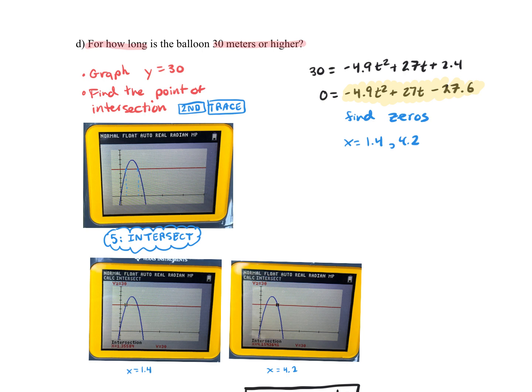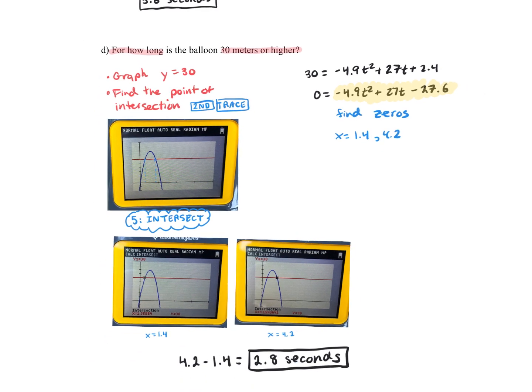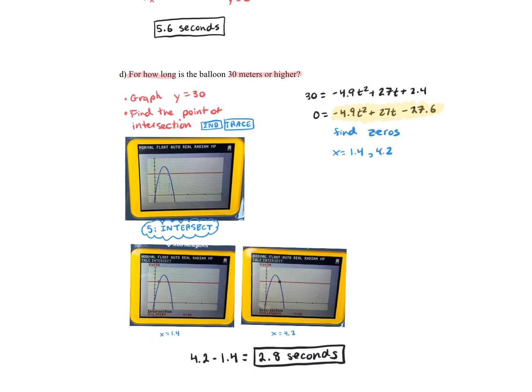So again, you could either graph the line y equals 0 and find those points of intersection using your graphing calculator, or you could replace the height with 0, set the equation equal to 0, graph this new function, and find those x-intercepts, or find the zeros using your graphing calculator. And there you have it.